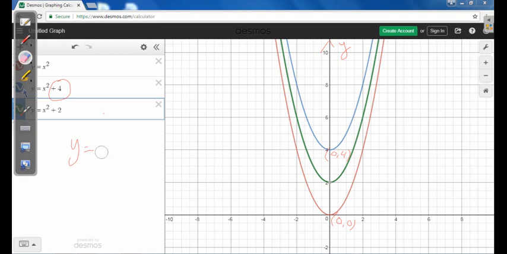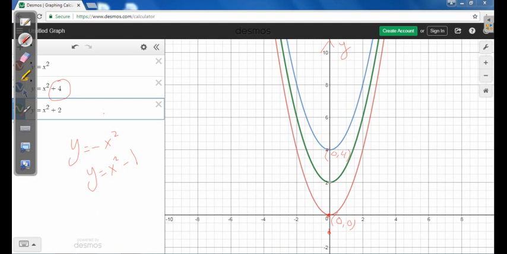But because I have x squared minus 1, it's going to move down. Instead of starting here, it's going to start at minus 1, and it's still going to open up.